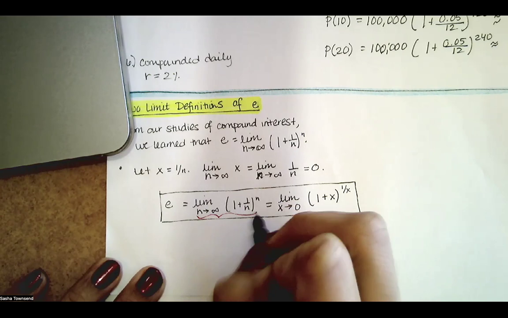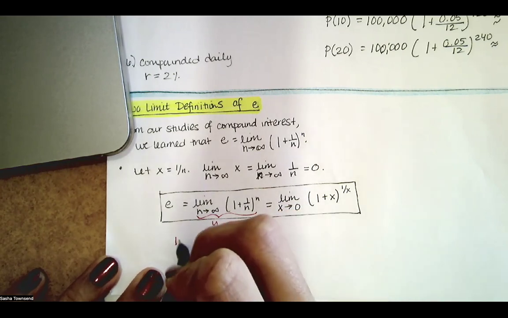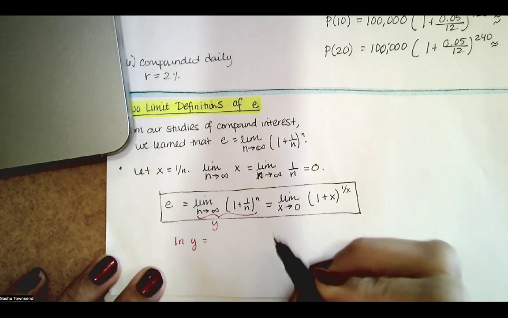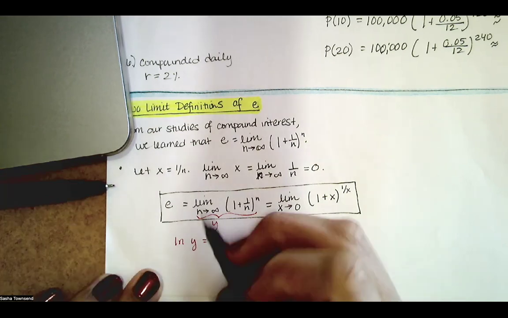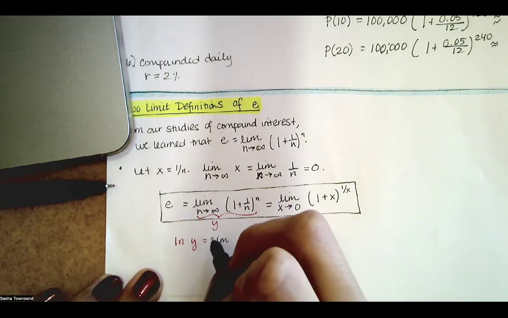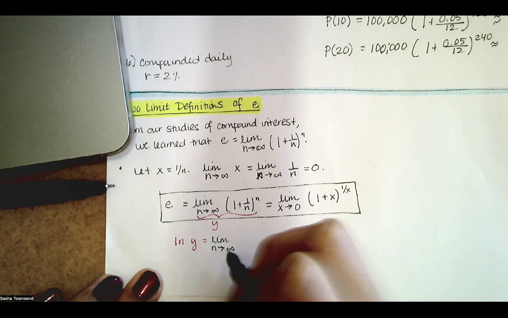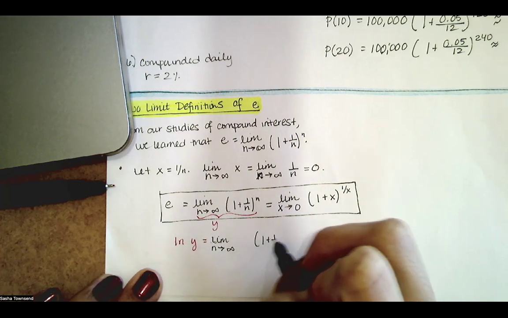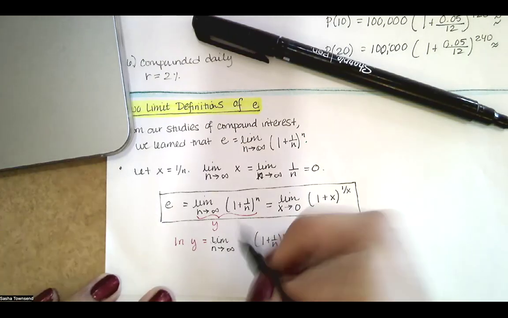So if we let y equal this limit, and then we take the log of both sides, we have natural log of y equals the limit as n goes to infinity of natural log of 1 plus 1 over n raised to the n. I think we did this relatively recently.